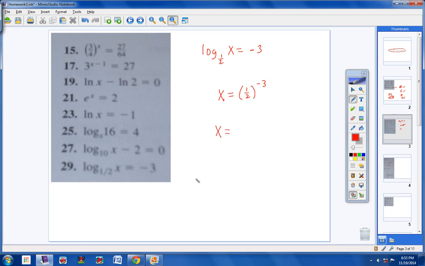I would type in parentheses 1 divided by 2, then arrow, and then -3. Okay? And if you type that in correctly, you will get 8 for your answer. And that does work in the equation. So your answer would be 8 for number 29. And I'm checking that now, and that's correct.